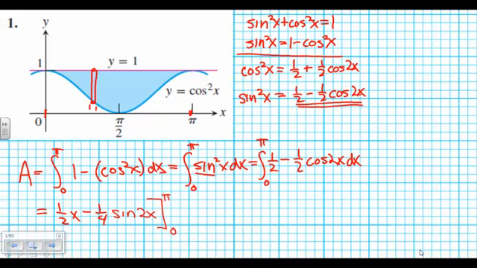Now I did this portion of the antiderivative in my head, but if I needed to do this out so that you could see it, the negative 1/2 gets pulled out, and I've got cosine 2x dx on the inside. If I use the u substitution u equals 2x, then du is equal to 2 dx, or I have an additional 1/2 out in front of dx.